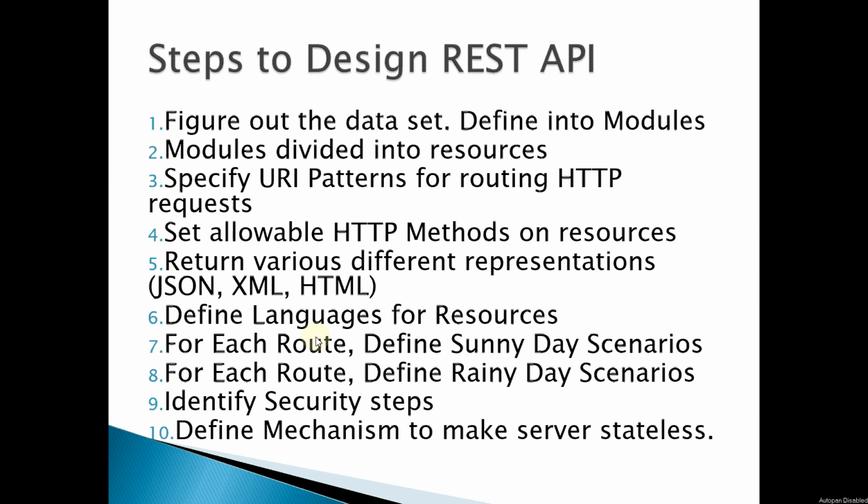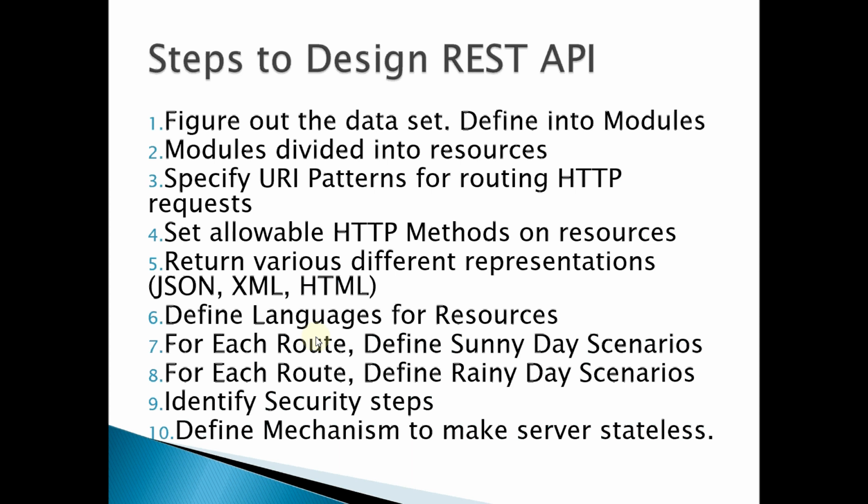Third, we will define the URIs for those resources. Fourth, we will define the allowable methods for those URIs. For example, slash employees can be called with the GET method or a POST method, whatever it is, we will define that.